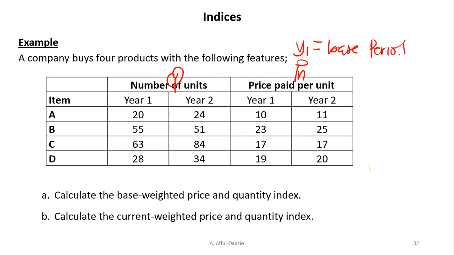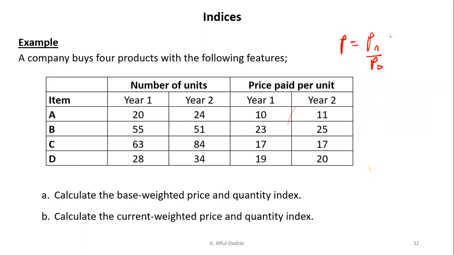If year 1 is the base time, I can ask you to find the base weighted price and quantity index, and you can also find the current weighted price and quantity index. Everyone can do this. This is straightforward. So if we are looking at the base weighted price index, we know first, just write, price index is PN over PO.